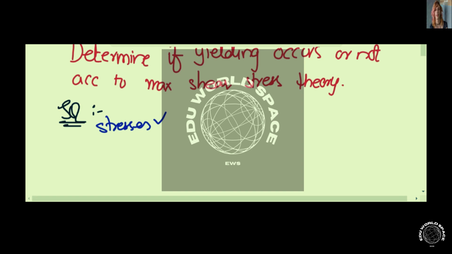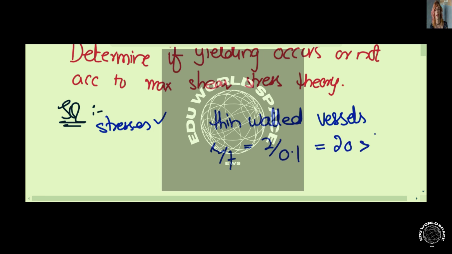The chapter 8 theory only applies for thin walled vessels that have a ratio of radius to wall thickness of at least 10. In our case, R divided by T is 2 divided by 0.1, which is equal to 20. Now 20 is greater than 10, so we can use this chapter 8 theory for thin wall vessels.